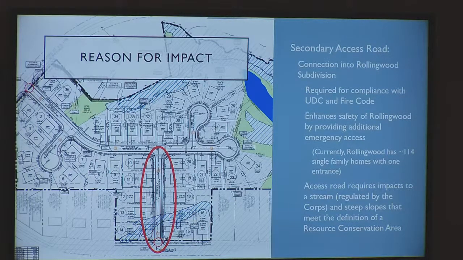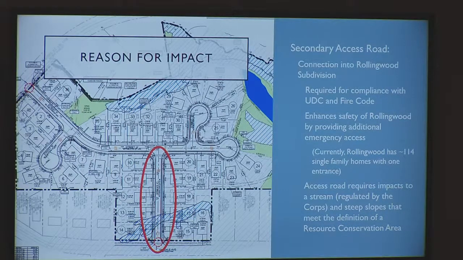Another reason is your road length is limited with lots of these size to 750 feet. When you're constrained by the environmental features like we were on this site, your road gets pretty long pretty quickly, and having that second access point allowed us to utilize the most logical portions of the site for development.